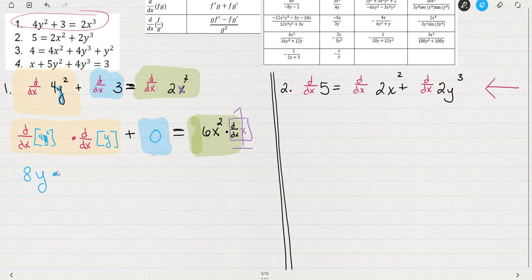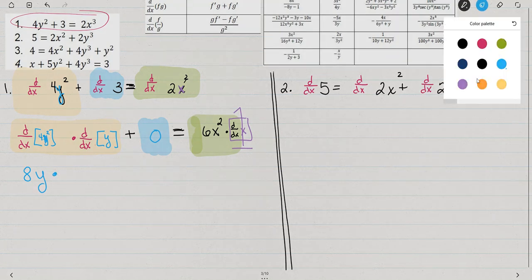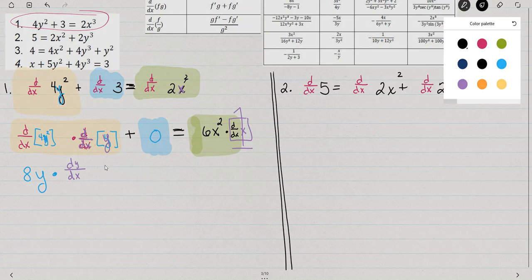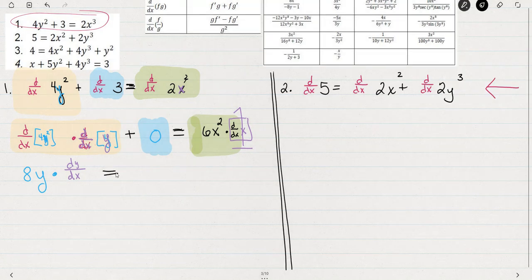And then I can multiply that times this derivative with respect to x of y, which is dy over dx. I'm going to say plus 0, or just leave that off altogether, right?